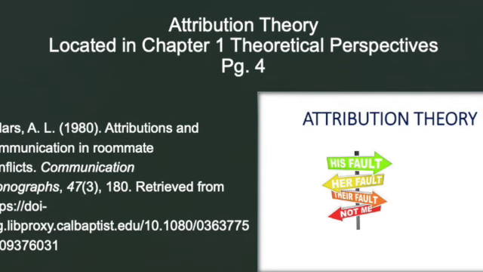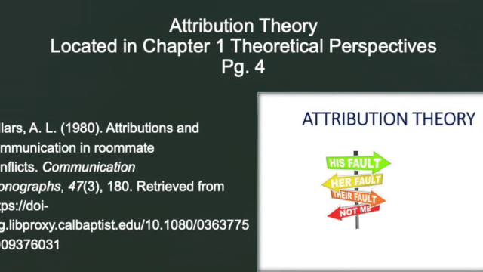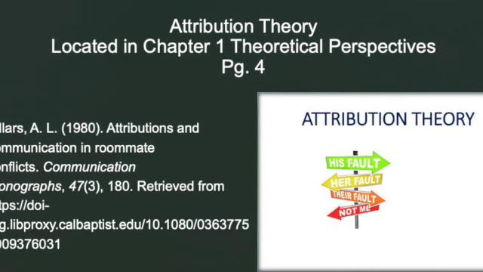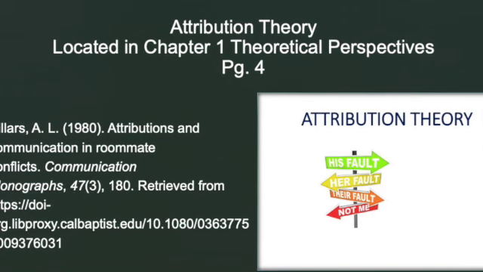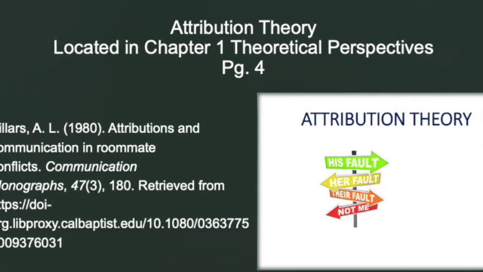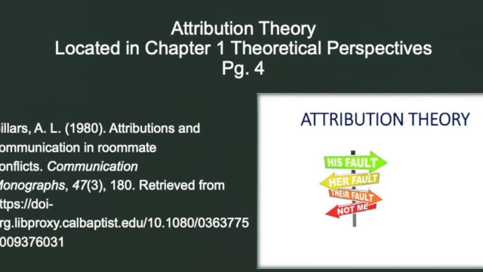So people will make up an assumption or an idea about what the other person might be feeling, thinking, what their motives are. The article within this text is The Attributions and Communication in Roommate Conflicts by Siller.